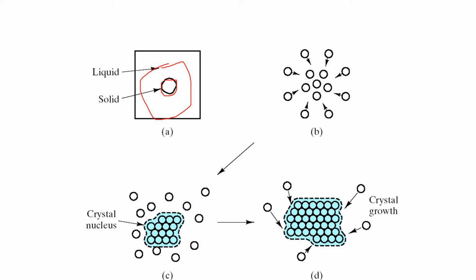Later on, other nuclei begin to form, and the liquid phase begins to solidify around them. Then the crystals increase in size, and crystal growth stops once it reaches equilibrium.